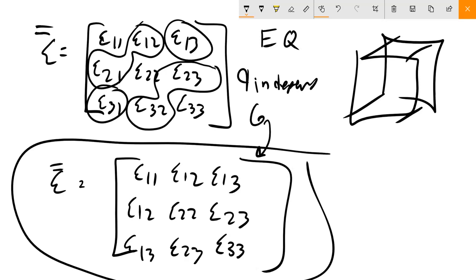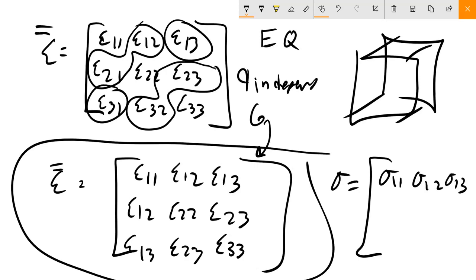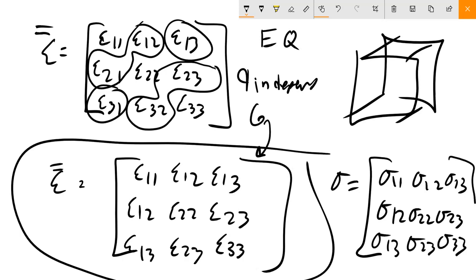Now, unfortunately, here's where we run into a hiccup. When we were talking about stress, our stress tensor here, let's write it out as well. You can never get too much practice writing these out. Sigma 1,1, sigma 1,2, sigma 1,3, sigma 2,2, sigma 2,3, sigma 3,3.